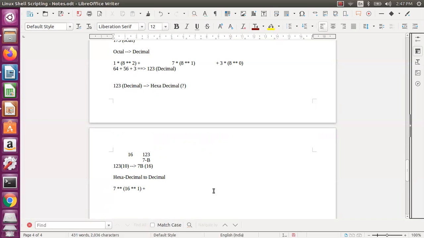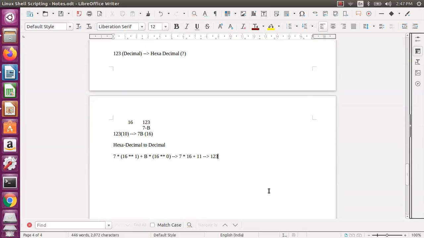So 7 into 16 is 112, and B is 11. 16 power 0 is 1, so 1 into 11 is 11. So this will become 123. This is how we convert from hexadecimal to decimal.